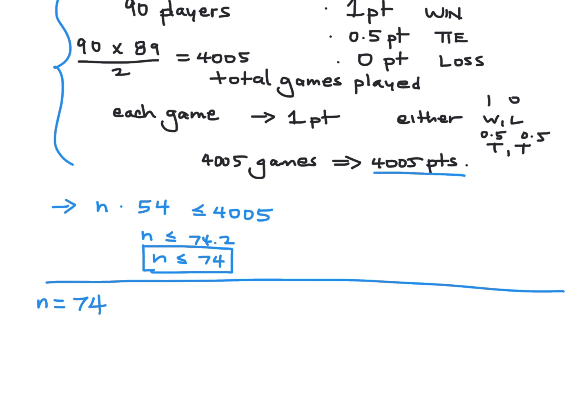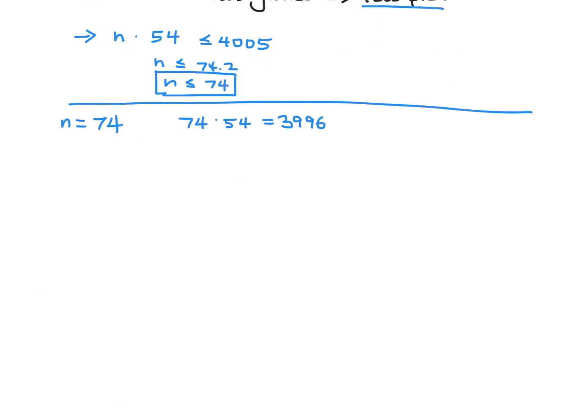Then it would be 74 times 54, and that is 3996. The remaining points for all the other players would be the grand total, 4005 minus 3996, and that is 9. So you want 9 points for the other players.